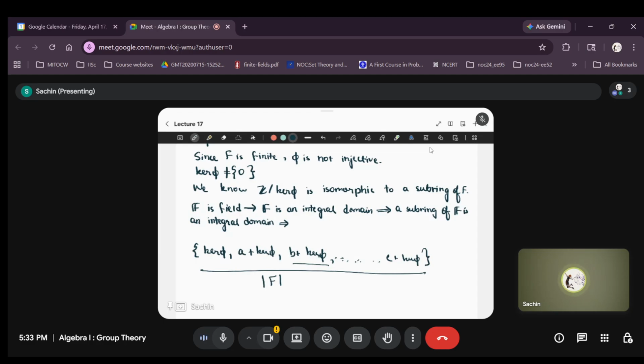This ring is isomorphic to some subset of the field F, a subring of the field F. That is because each element in a coset goes under the function phi to the same image. Let's say the field elements are alpha 1, alpha 2. The kernel is a set, right? The set of elements that go to 0 in the field. So all kernel elements go to the element 0 under phi.